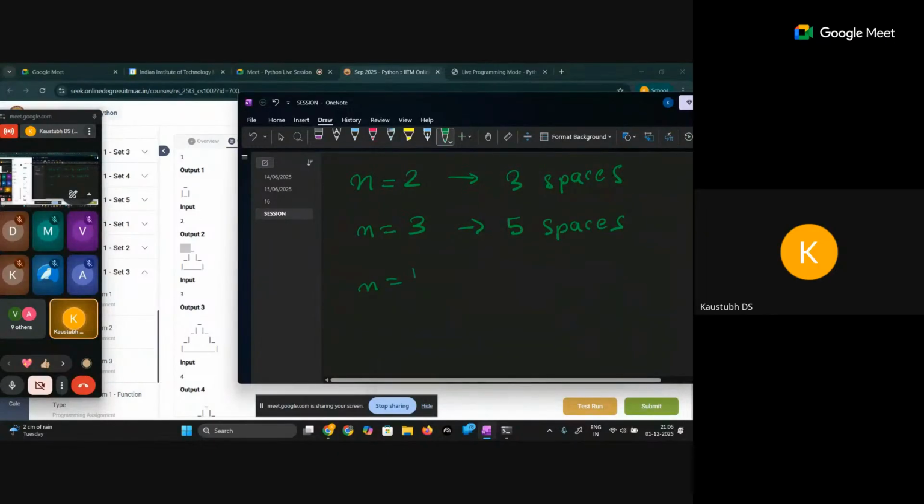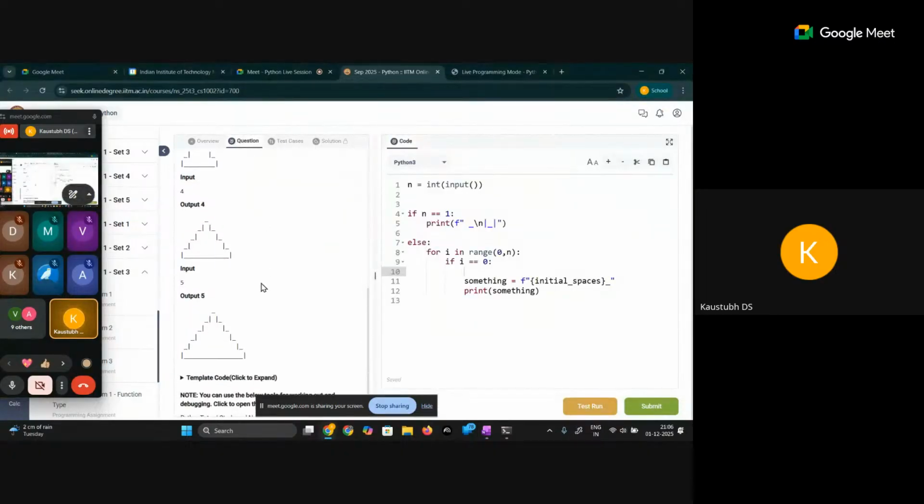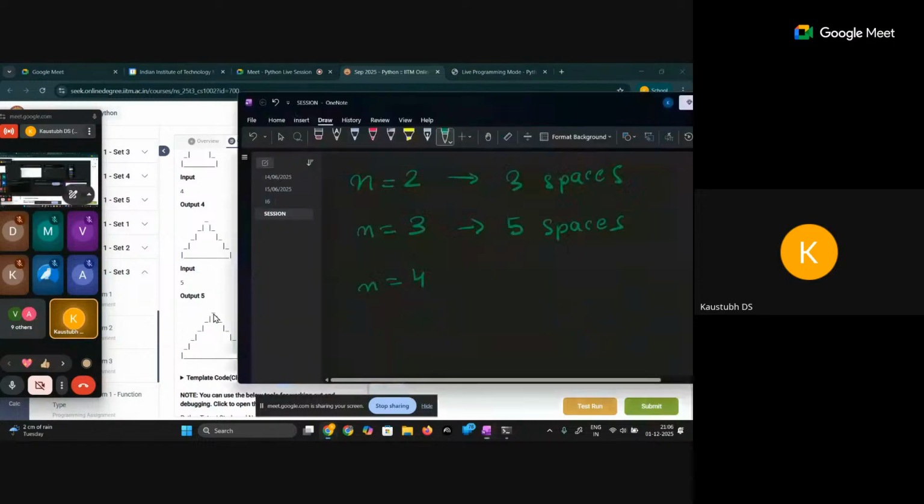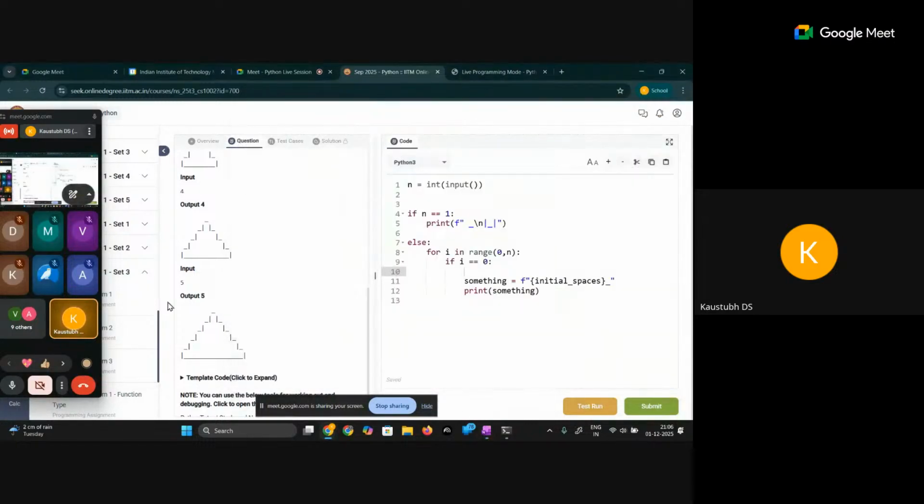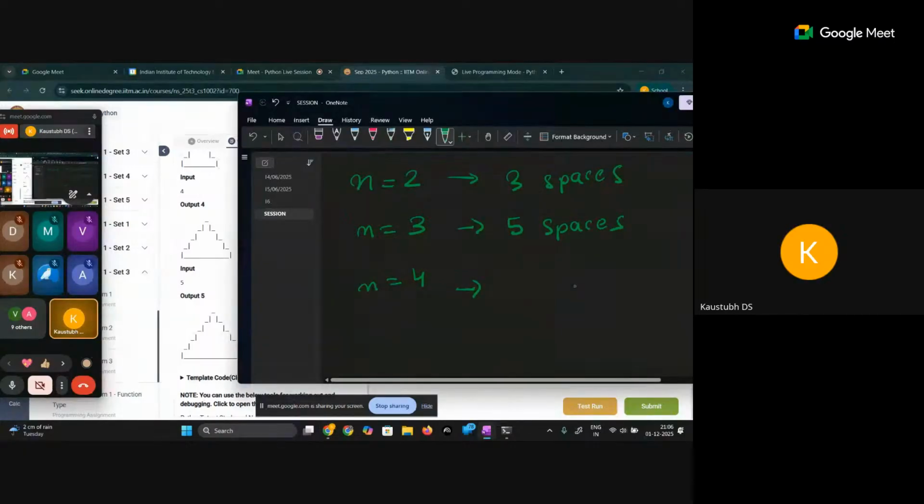For n equals 4, just the final example, we have one, two, three, four, five, six, seven spaces. It's 7. For n equals 4, we have 7 spaces.